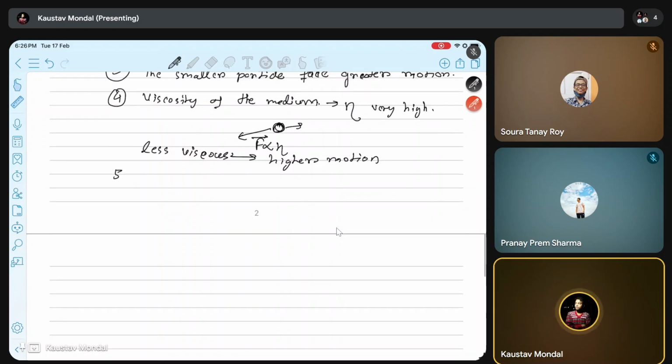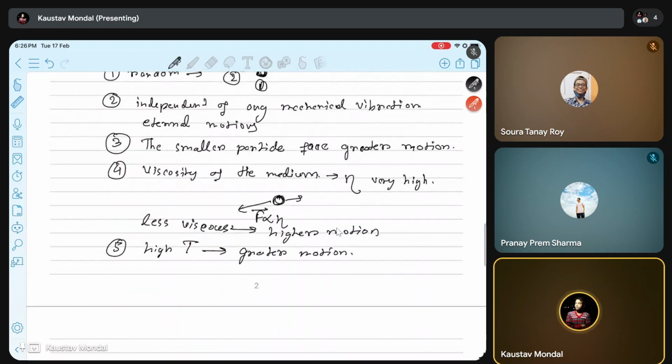And the fifth is temperature. High temperature results in greater motion. These motions are related to the thermal energy of the particles, which we have discussed, given by half kBT for a single degree of freedom.